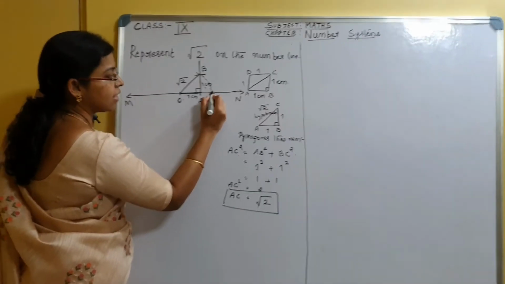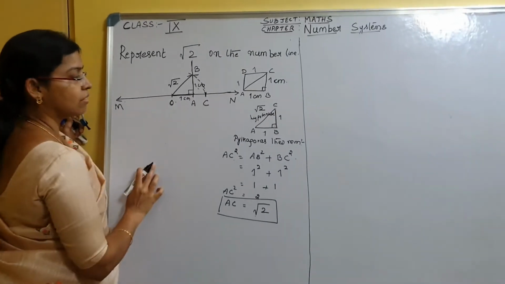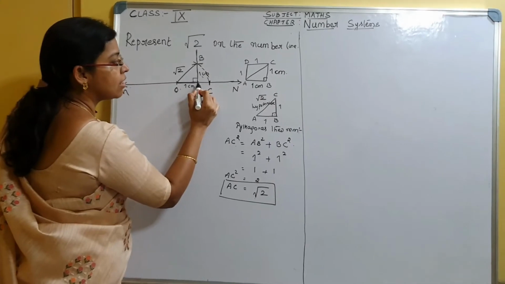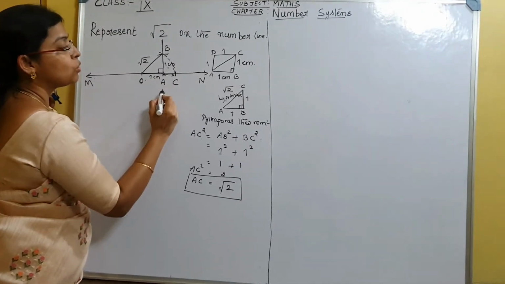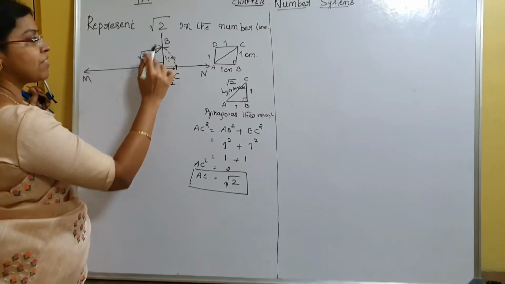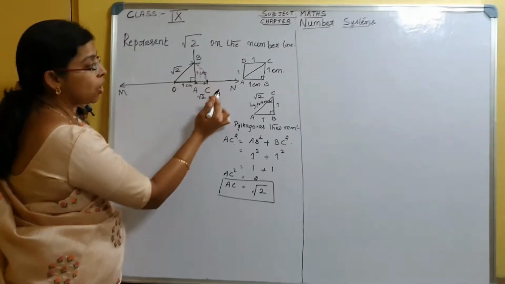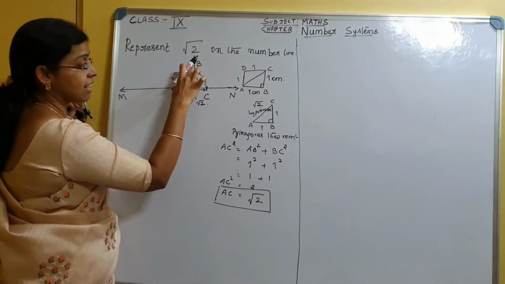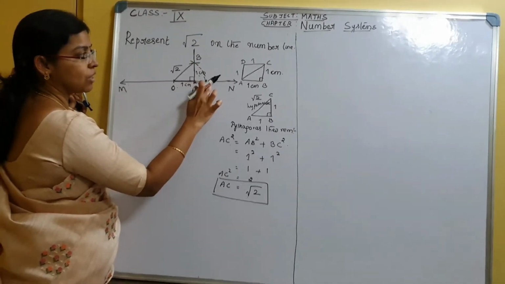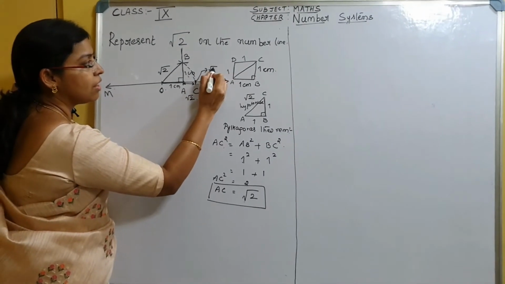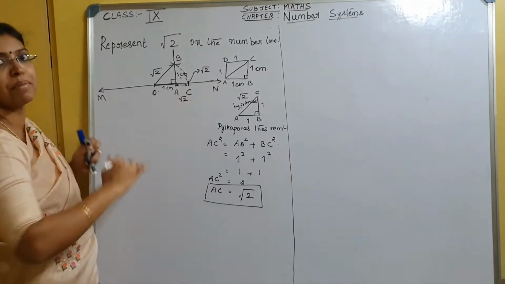Let it intersect here at C. Now what happens is that this is root 2. What we have seen is OB is root 2. On the number line, where does it intersect? When you take a compass and with the radius as OB, you cut an arc to intersect the number line. This point will give you the value of root 2 on the number line.